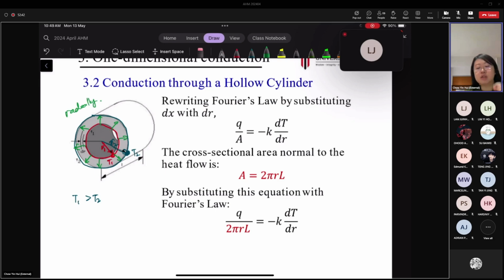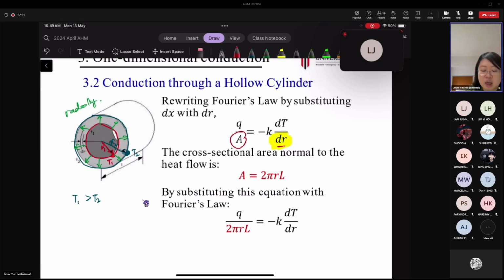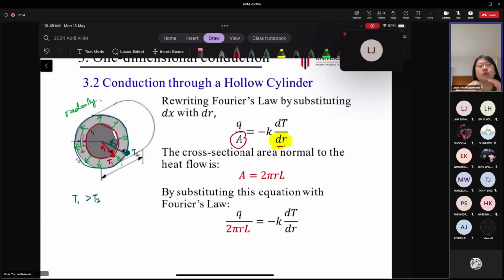Now the Fourier law is expressed in terms of dr. The area normal to the direction of heat flow is the cylindrical body, and the area is increasing with radius because heat transfers radially.